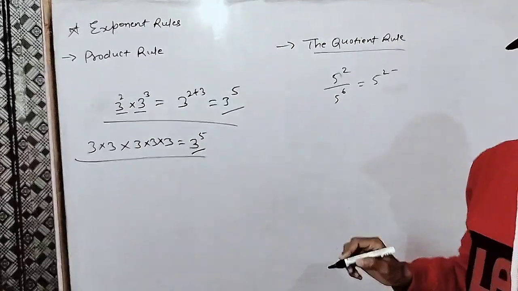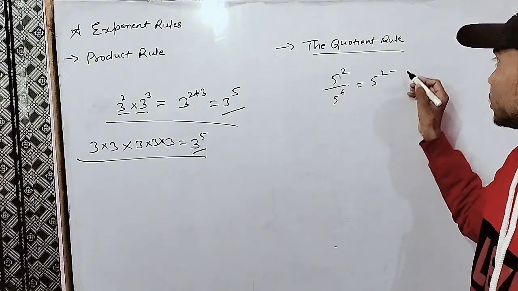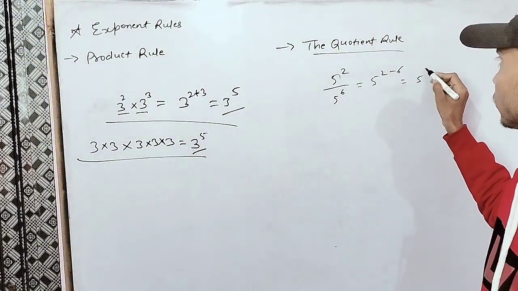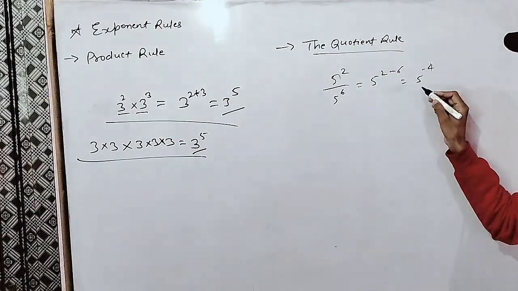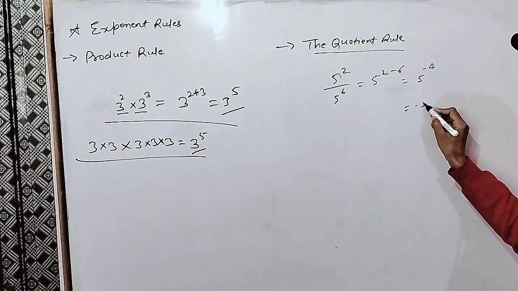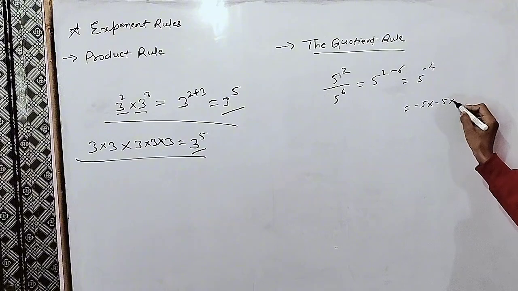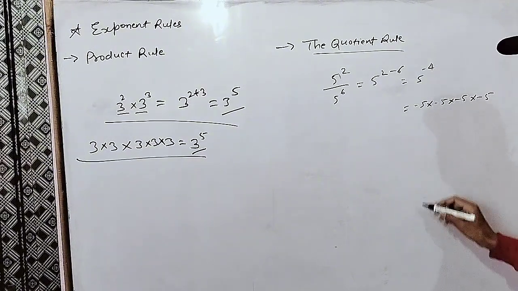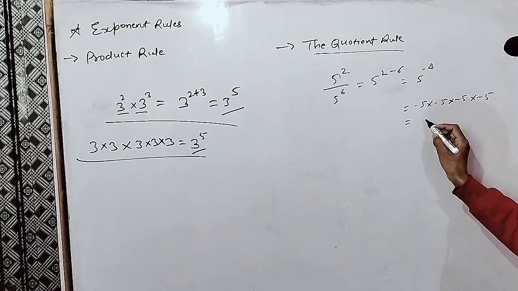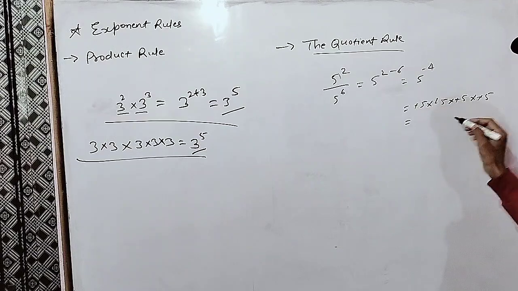So subtract 6 as it. Now we have how much? Subtract 4. So can we write it 4 times? It will get cancelled out like that.